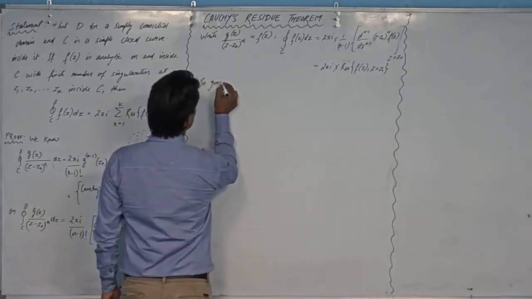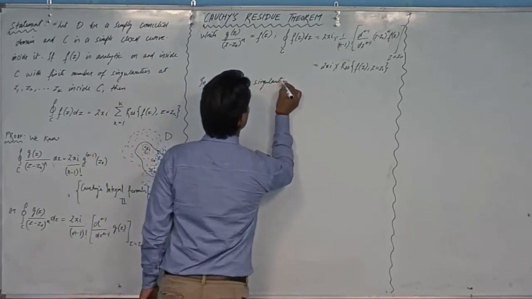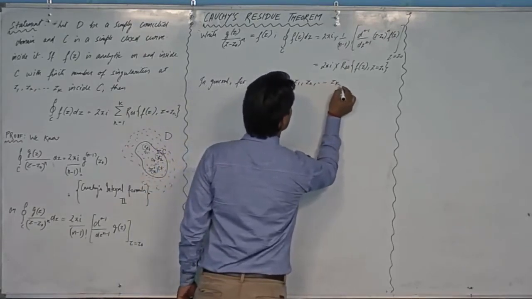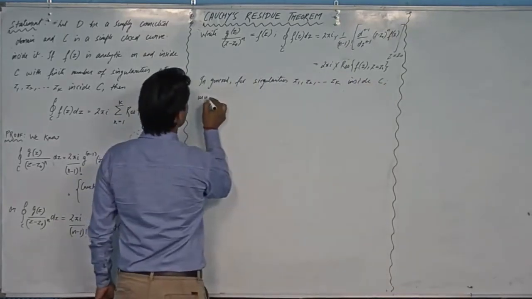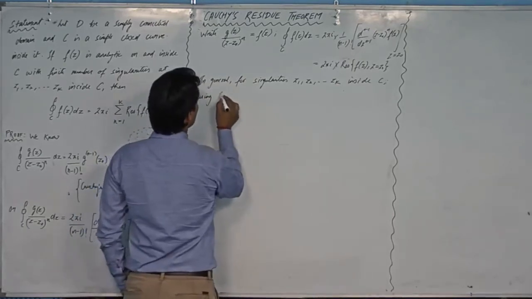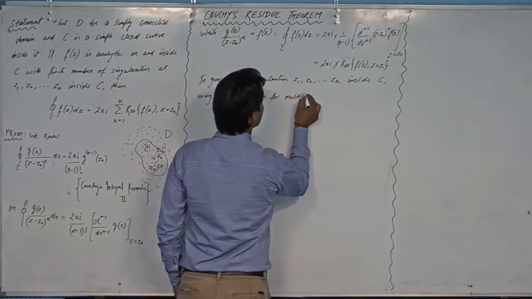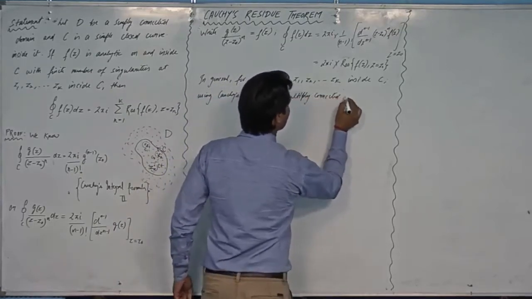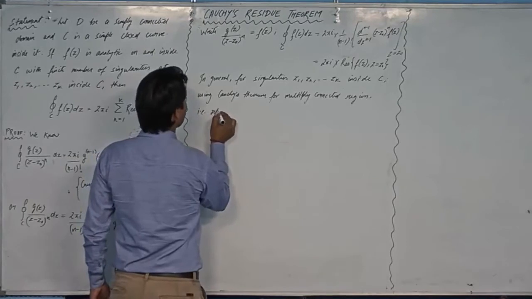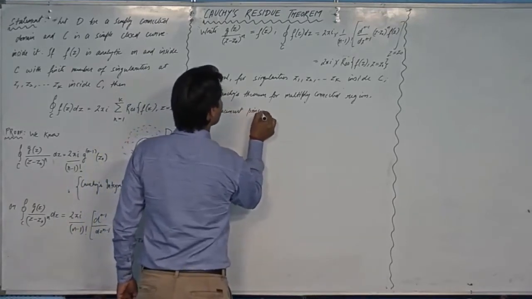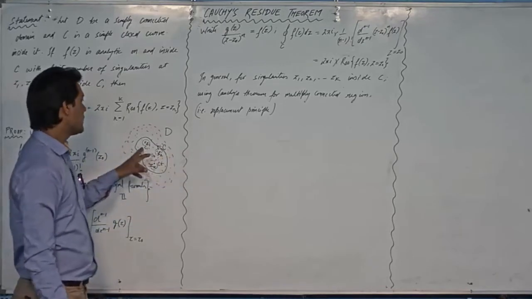I will write that point here. In general, for singularities z1, z2 up to zk inside C, using Cauchy's theorem for multiply connected region, that is the replacement principle, we replace the original outer curve by small circles, which have been drawn here in the picture.